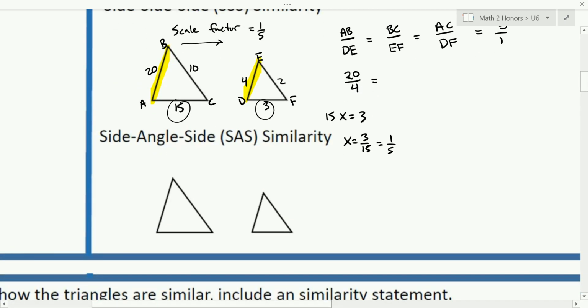If you want side angle side similarity, the angle has to be in between the two sides, okay? Just like we had with congruence. So if I knew that angle B and angle E were congruent, then I'd have to show that AB over DE is equal to what?